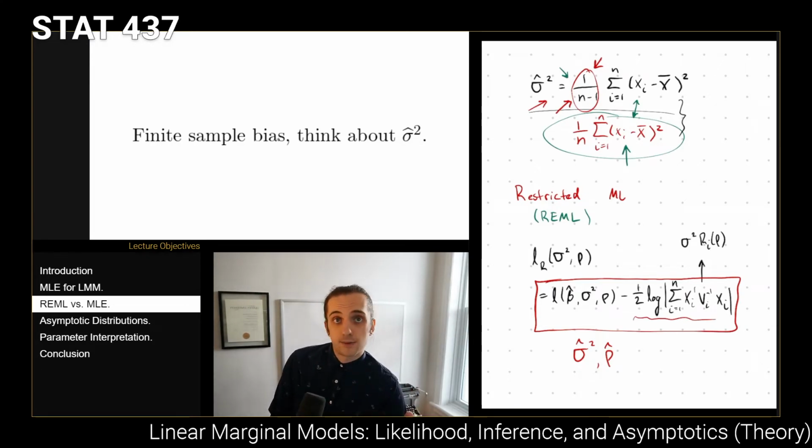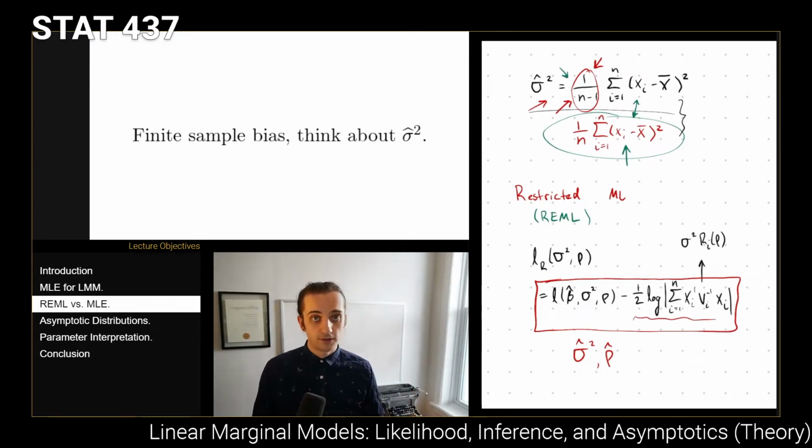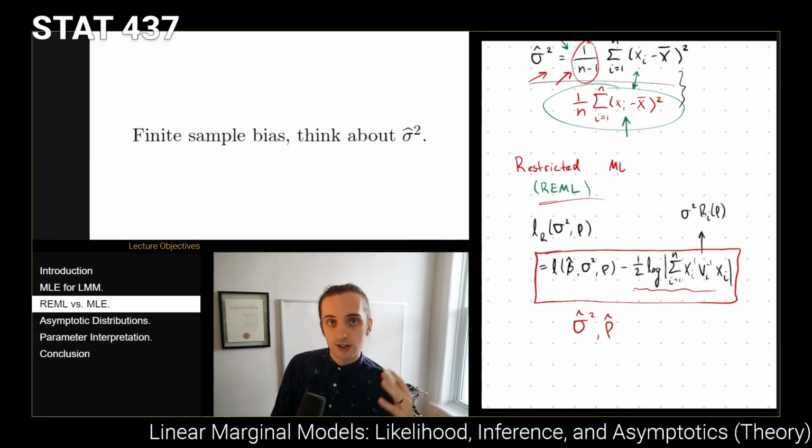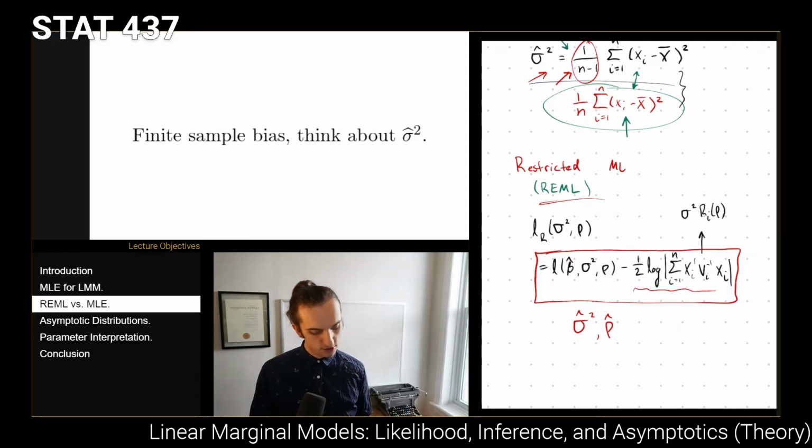Now, there are a few things we have to be careful about. The first is that when we're using restricted maximum likelihood, we change the asymptotic distribution that we're looking at, so we have to be a little bit careful about how our asymptotic analysis is going to come. The other point is that they're not true likelihood expressions.